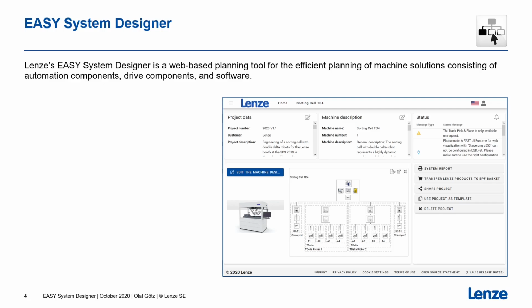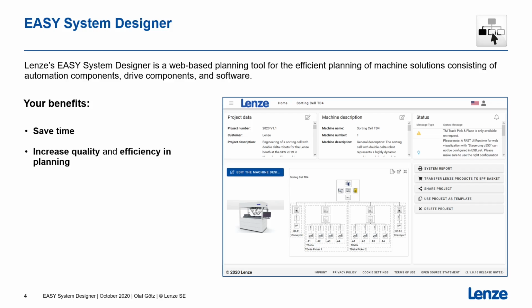We are ready. Finally, I want to give you a short summary. The Easy System Designer is our web-based tool to plan complete automation system solutions. Your benefits are: save time with quick and easy system design and reuse of solutions. Early proposals provide safety to make the right decisions.